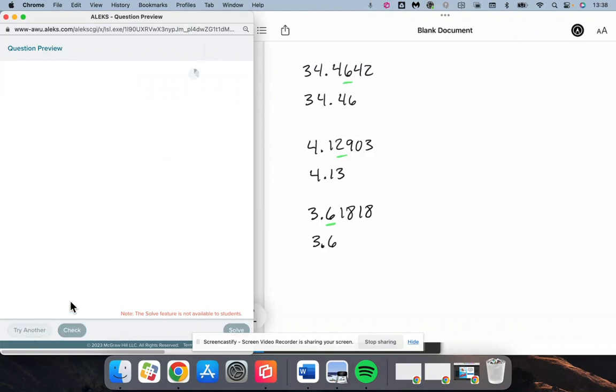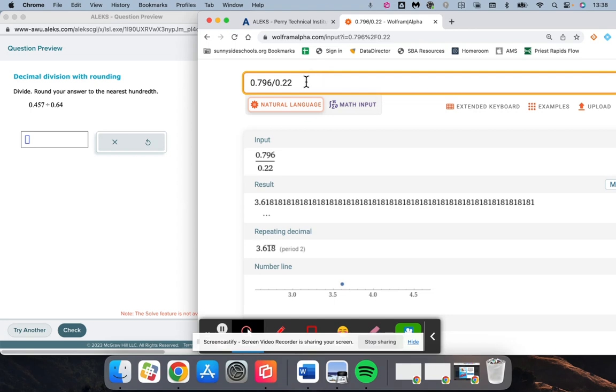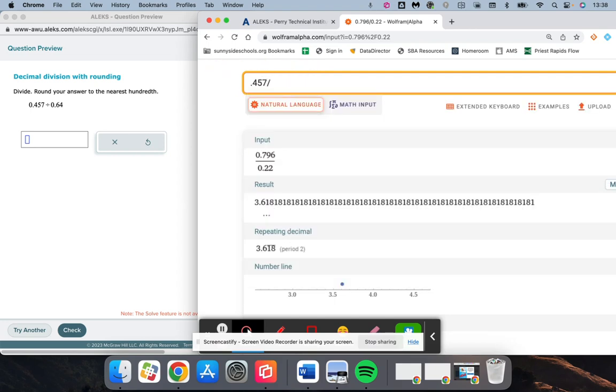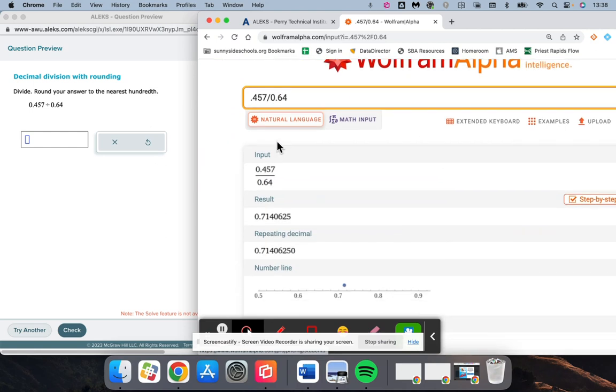All right, one more. We have 0.457 divided by 0.64. 0.457 divided by 0.64, that looks correct. We get 0.71406.